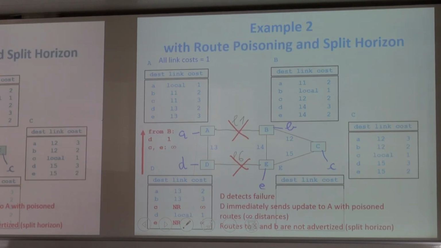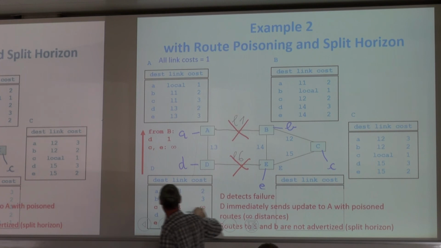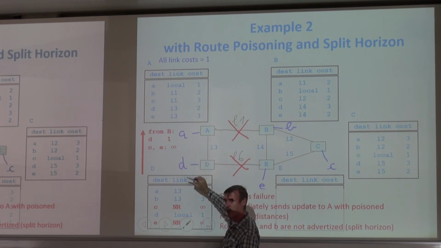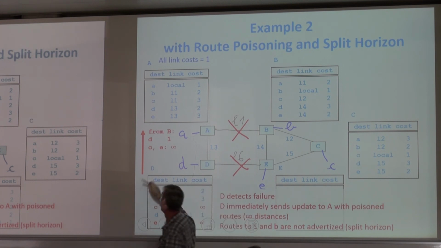Let's see in practice why this works. So we see the same case as before. We break the links, and we restart at the time when D has detected the break. So D detects the break, it detects that C and E are no longer reachable. Therefore, D will send an update to B, but now using those two heuristics, there will be two changes to the update.